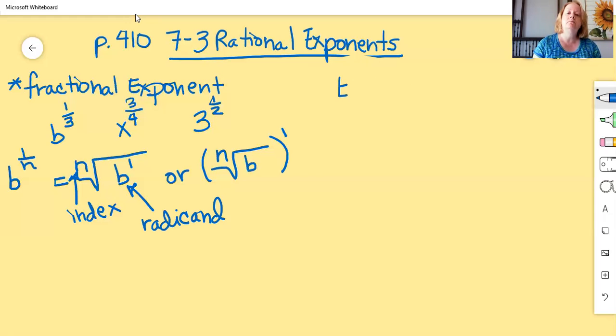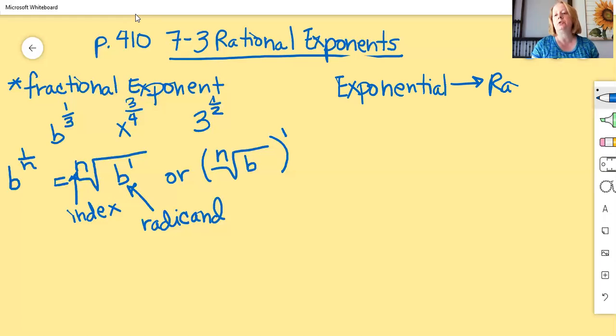And then we'll go the other direction later on in this lesson.